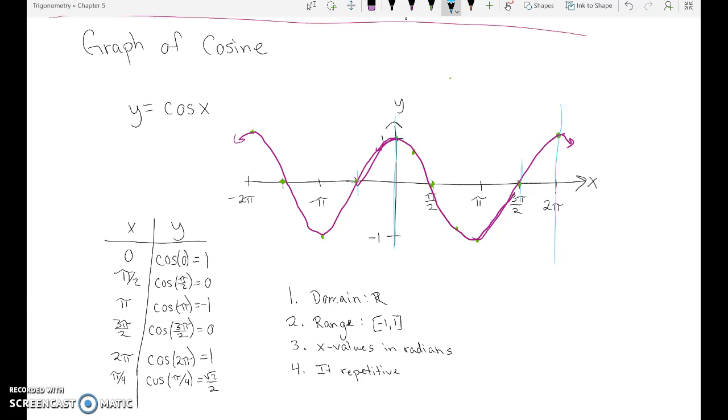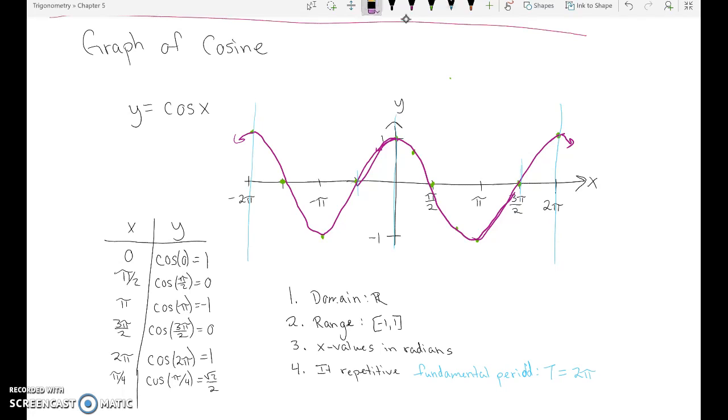So I like to say it starts at 1 and then it ends at 1. And so it makes that big gulf that's just happening there. So it is repetitive, and again, its fundamental period, which I told you last time is represented by T, is equal to 2 pi again. It takes 2 pi to get through that cycle.